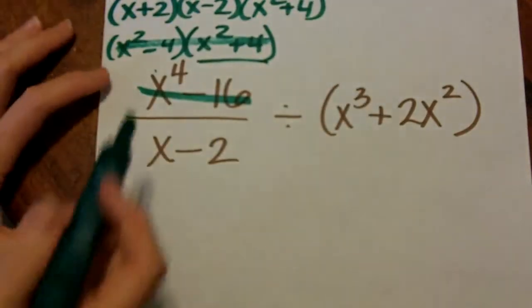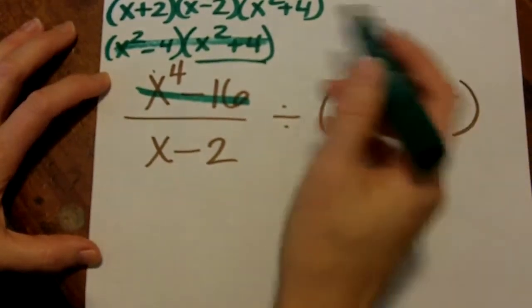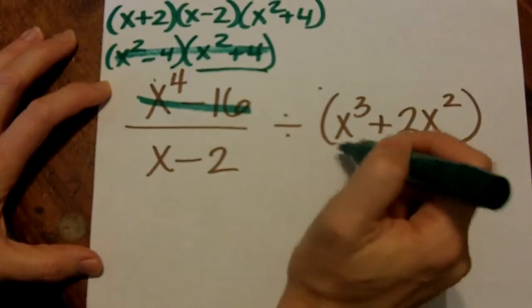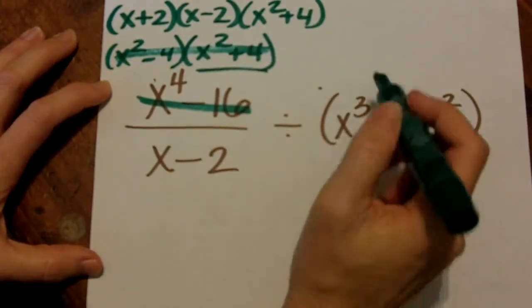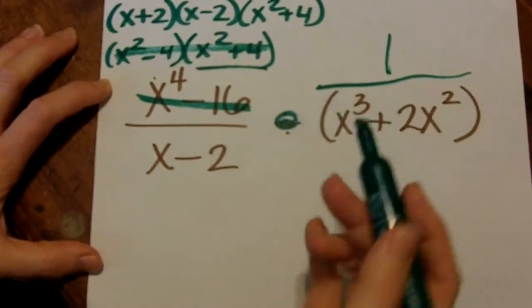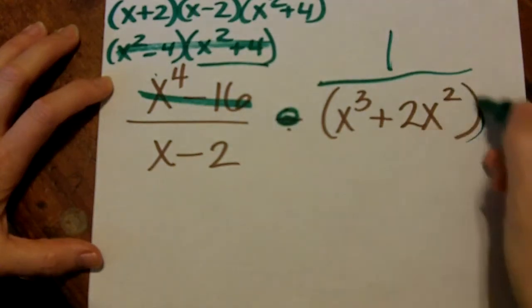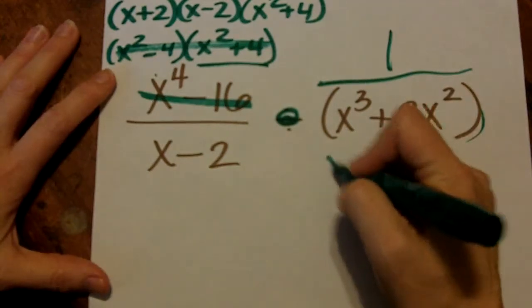Okay, so now I've got all of this over here. And because I've already written this way up in the air, and I need to write the reciprocal of this, so instead of x cubed plus 2x squared, I am going to write it as 1 over that, and I'm going to make this not division, but multiplication, okay? But I'm also going to look here because obviously I can factor out the x squared.